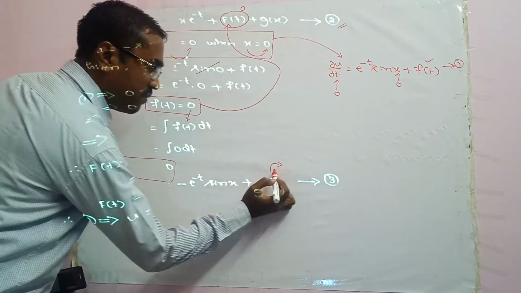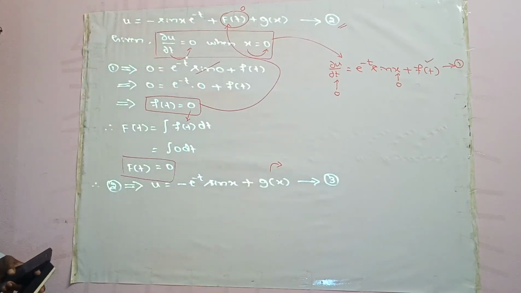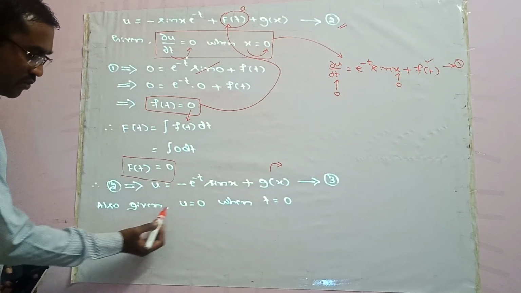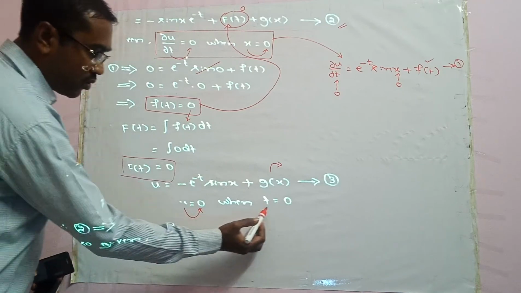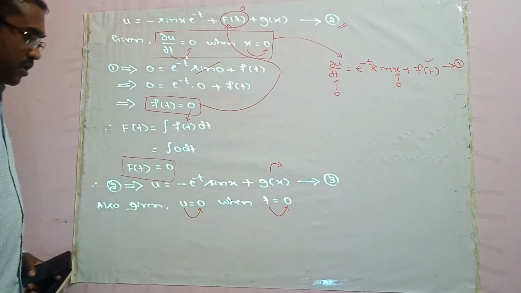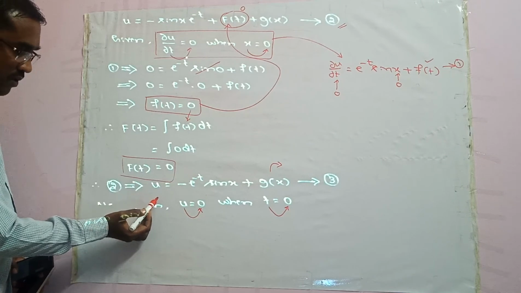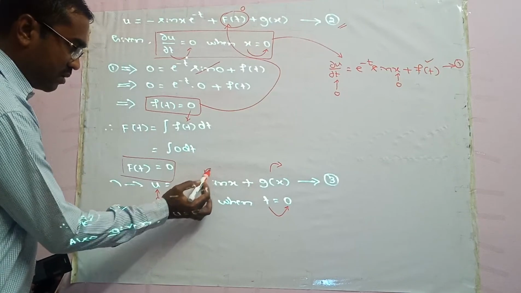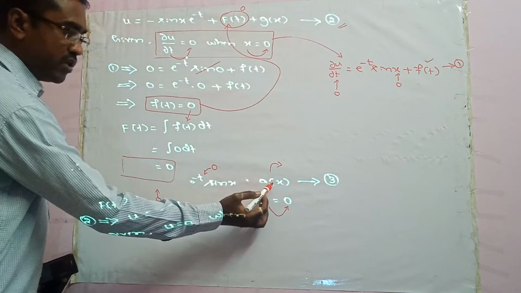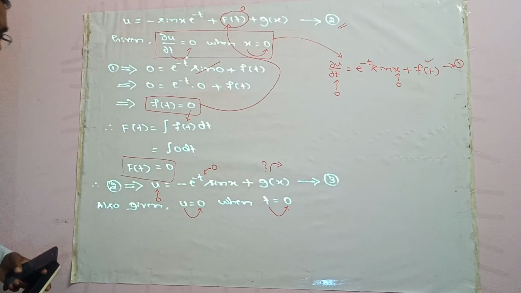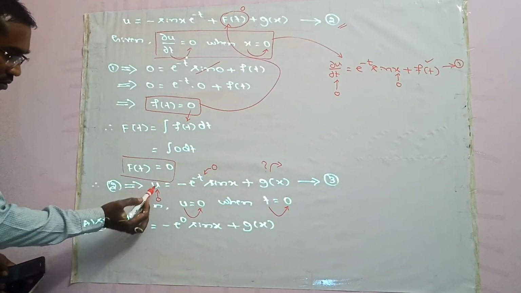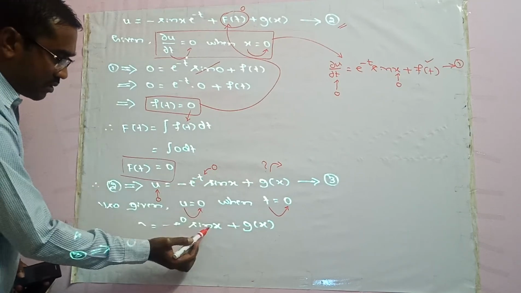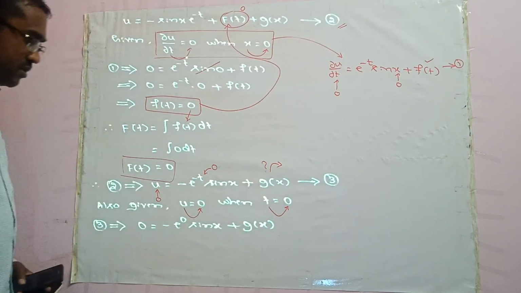Now we need to find the value of small g of x using the other condition from the question. What is the other condition? The other condition given is the value of u is 0 when t is 0. Now let us put in the place of u 0 and in the place of t 0 to find the value of g of x. 0 is equal to minus e to the power 0 sin x plus g of x as it is.